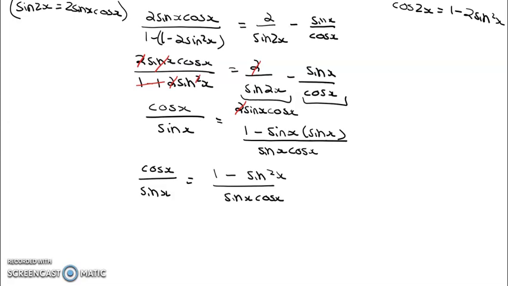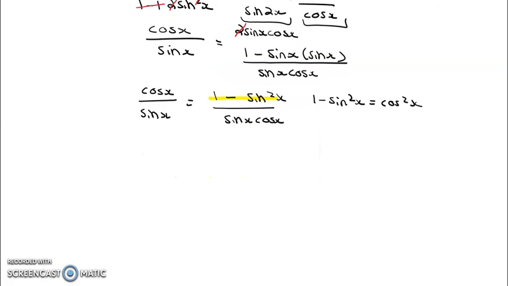I'm going to use for my numerator the identity of 1 minus sine squared x equals cosine squared x. So if I plug that in, I get cosine x over sine x equals cosine squared x over sine x cosine x.